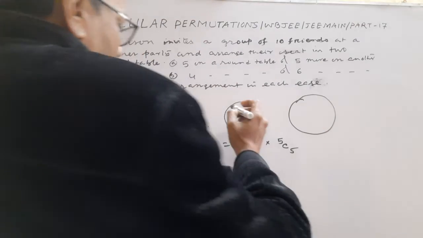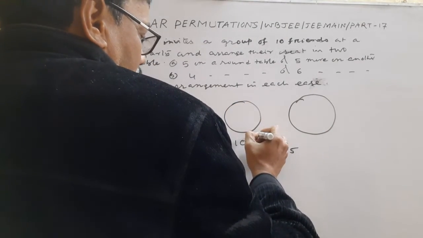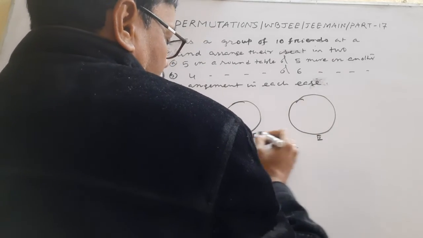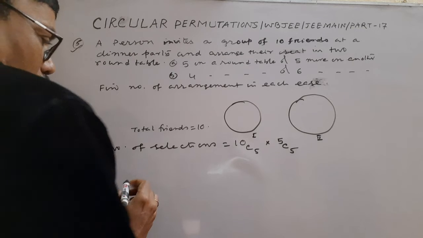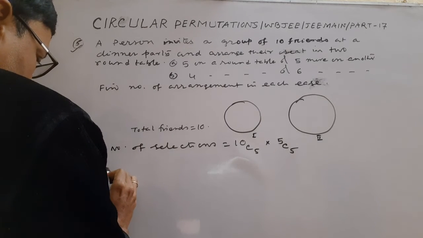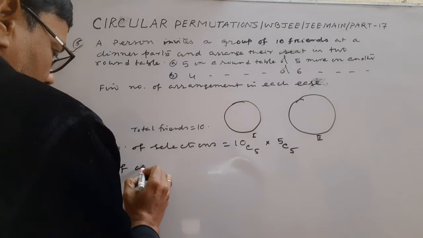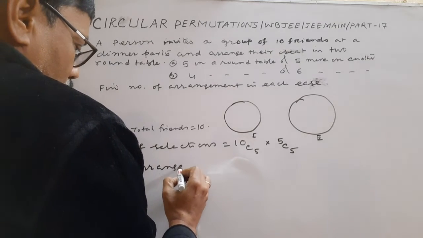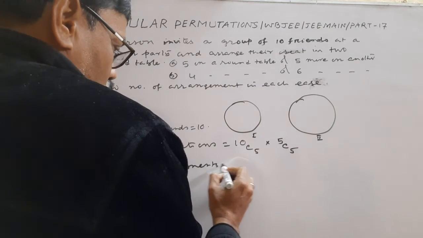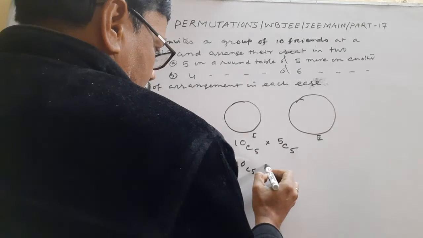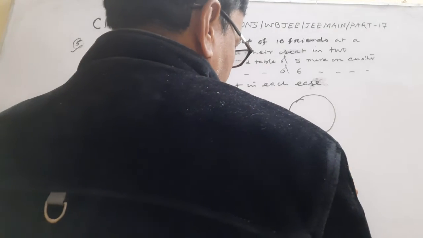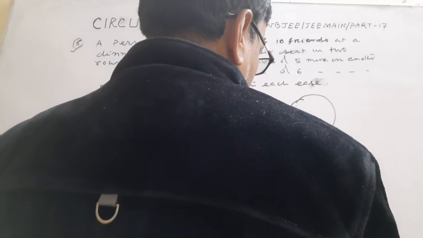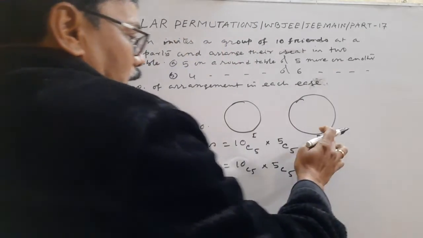Now, the 5 friends at round table 1 can be arranged, and here also 5.